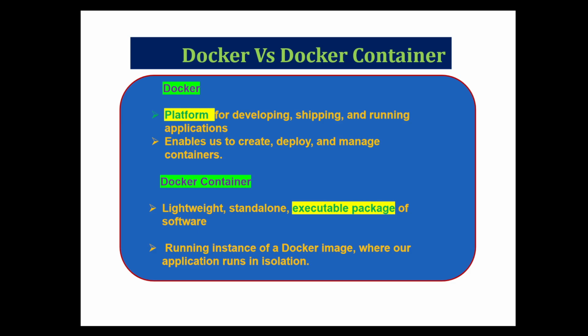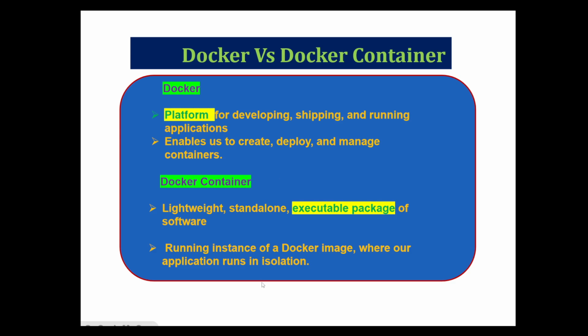That running instance of the Docker image we created is nothing but a container, which has an executable package, and that package will contain everything needed for that instance to run: the code, libraries, runtime and all the dependencies.